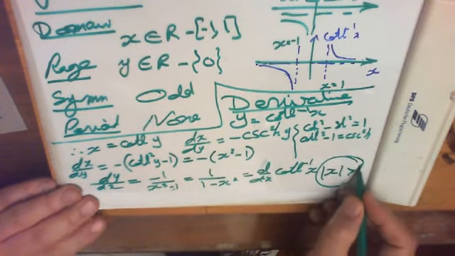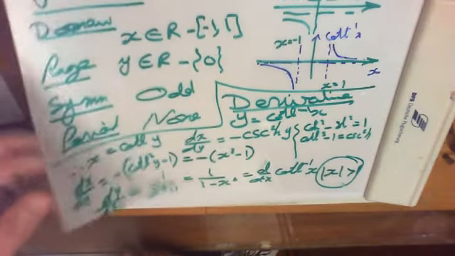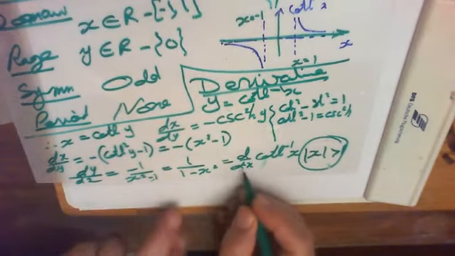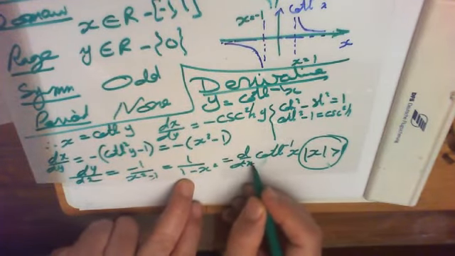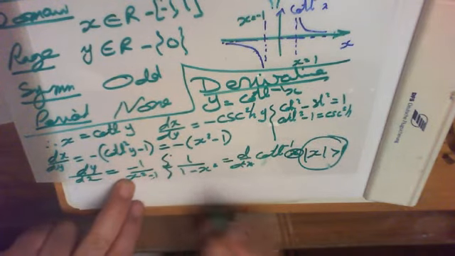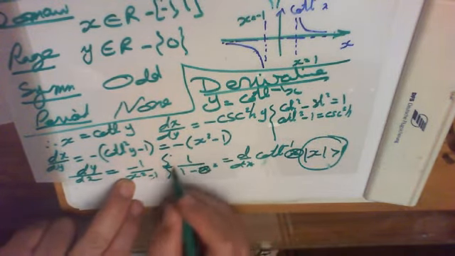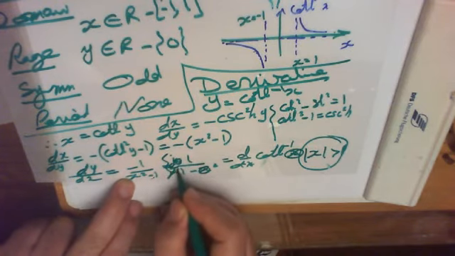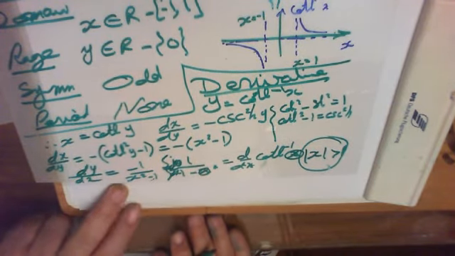Take care of this. So d by dx for cotangent minus 1 of any quantity equals 1 minus that quantity squared times the derivative of that quantity with respect to x. Okay, don't forget this.